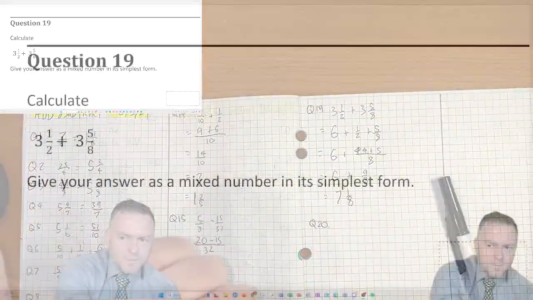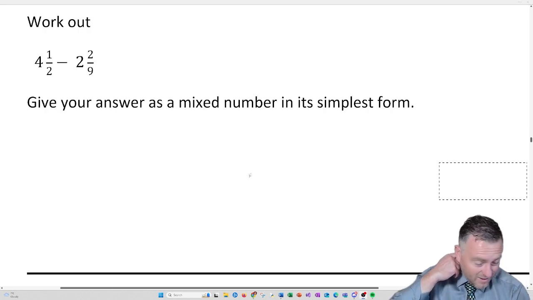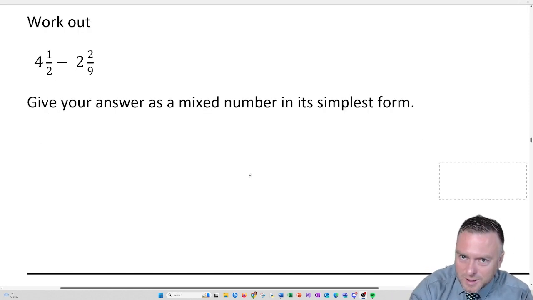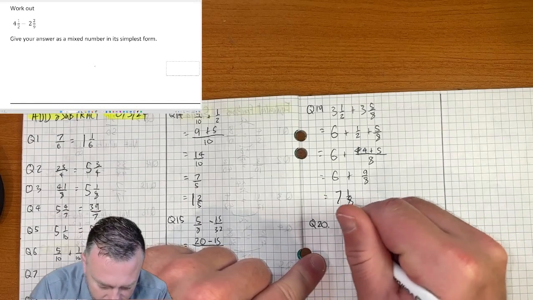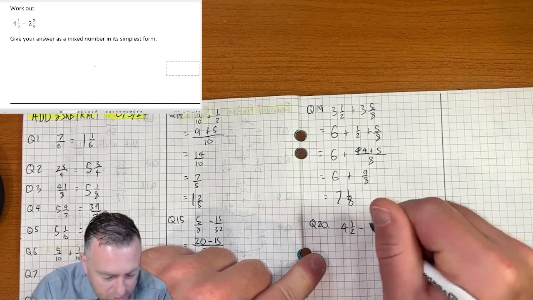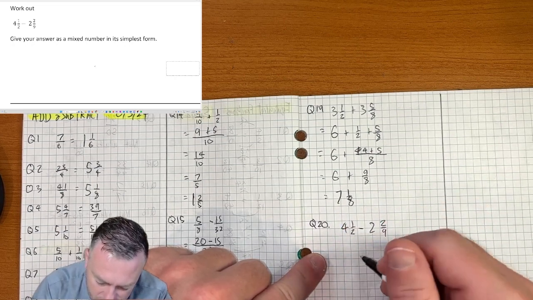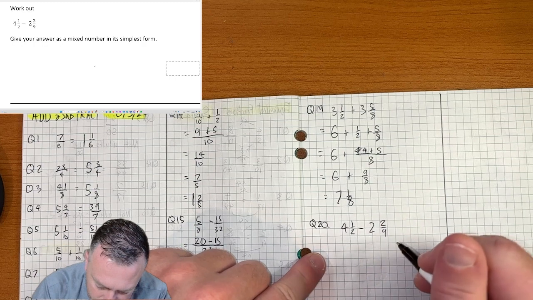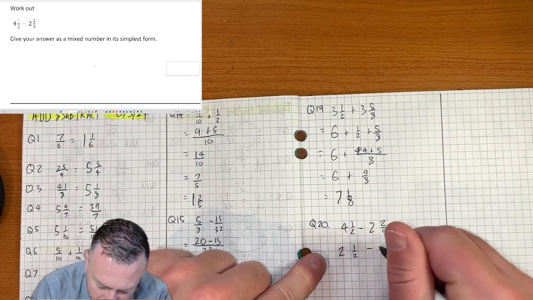Question 20. Again, I just do the subtraction of the whole parts first. So you have 4 and a half, take away 2 and 2/9. So 4 take away 2 leaves you with 2. So you've got 2 and a half minus 2/9.